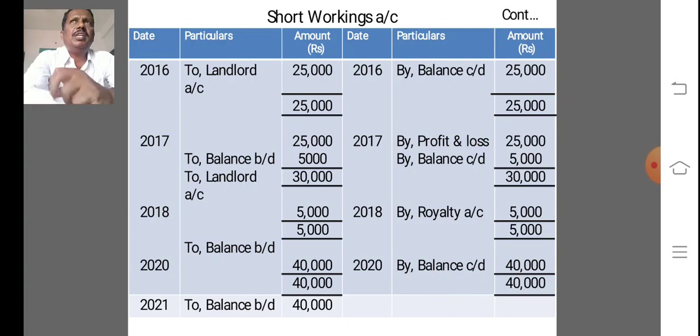The 5,000 is the balancing figure, and that amount is transferred in the next year 2018 to balance brought down 5,000.